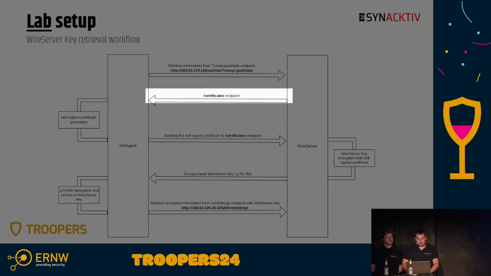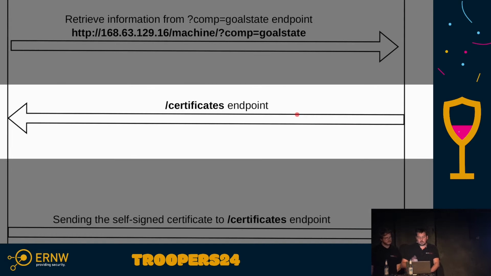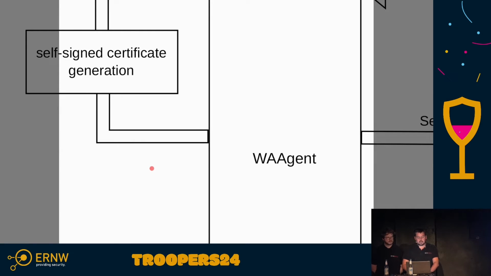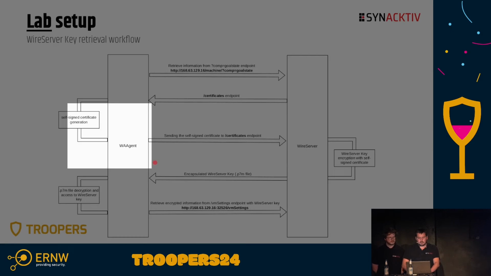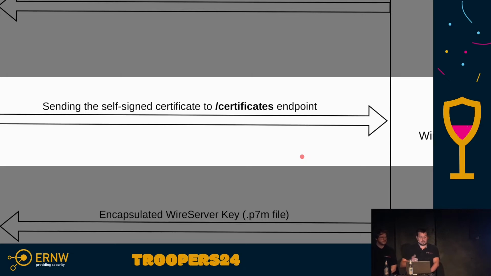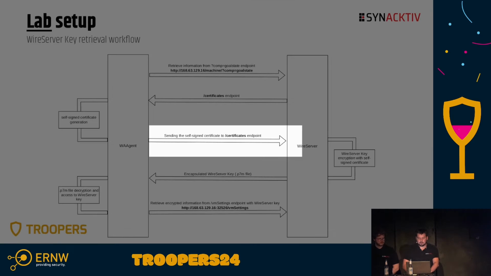The wire server will give to the WA agent the URL for the certificate endpoint. Then the WA agent will generate a self-signed certificate. With this self-signed certificate, it will contact the certificate endpoint and provide its self-signed certificate.